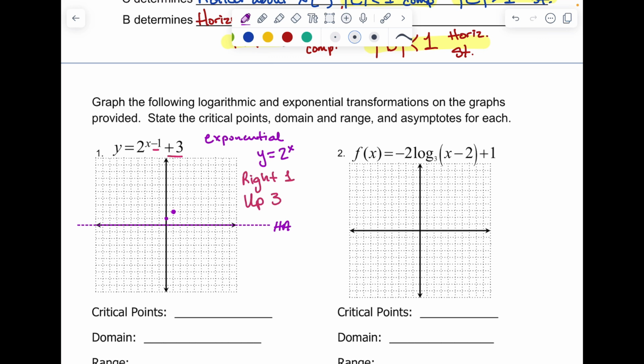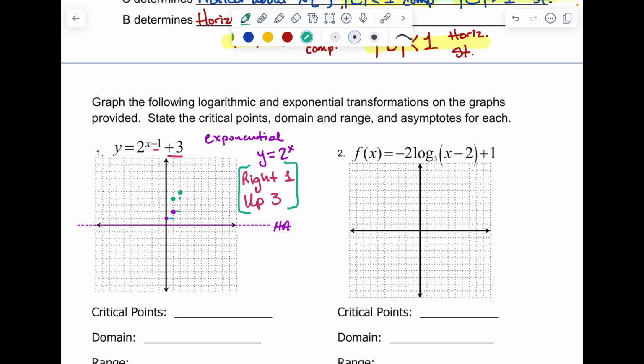Those 3 things are all going to be affected by these transformations. So this first point is going to go right 1 and up 3. This point is going to go right 1 and up 3.